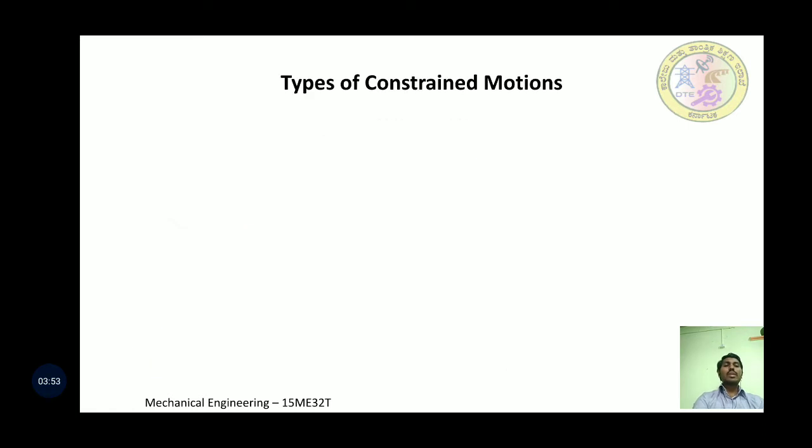Types of constraint motion. There are three types: completely constrained motion, incompletely constrained motion, and successfully constrained motion.